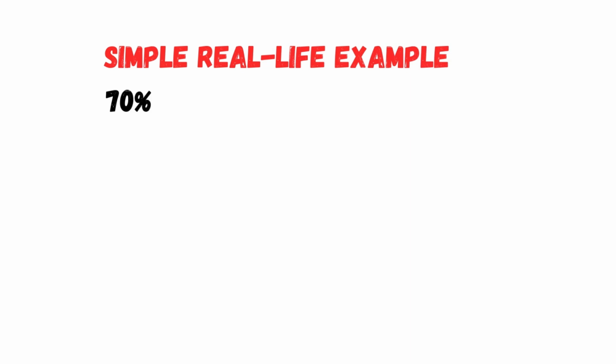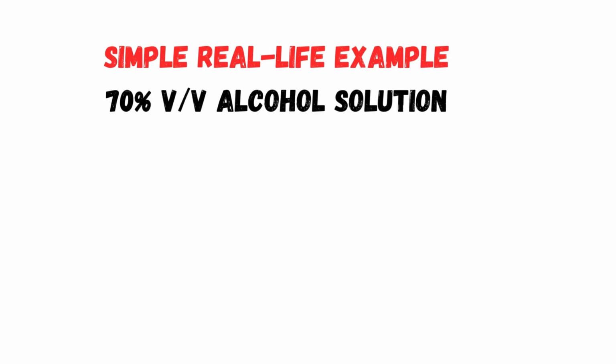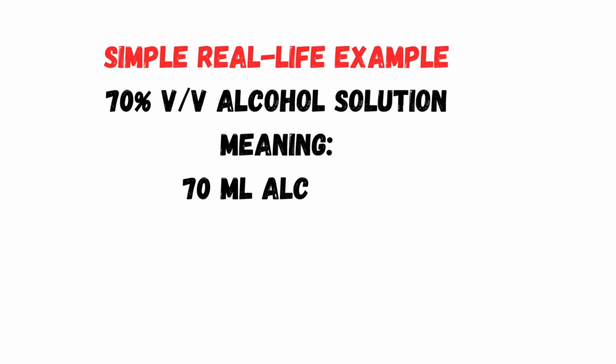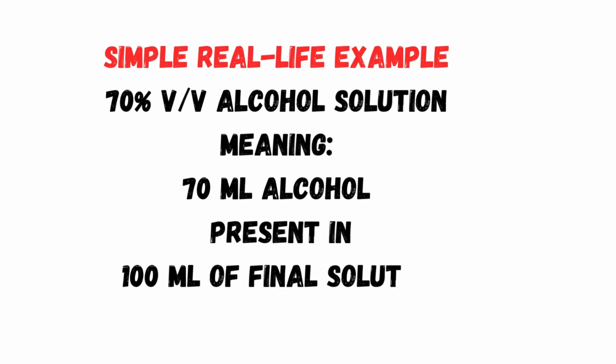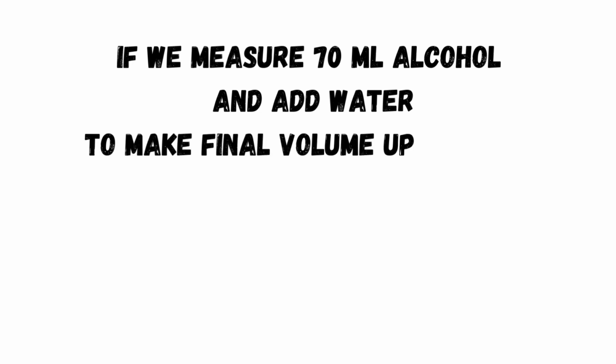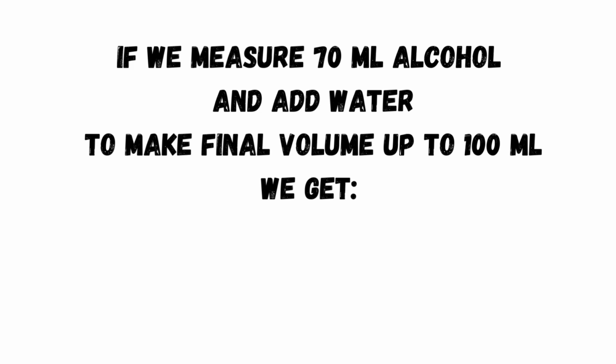One simple example, 70% volume by volume alcohol solution. What is the meaning of this? Here 70 ml of alcohol is present in 100 ml of final solution. So if we measure 70 ml of alcohol and add water to make up the final volume to 100 ml, that is 70% volume by volume alcohol solution.